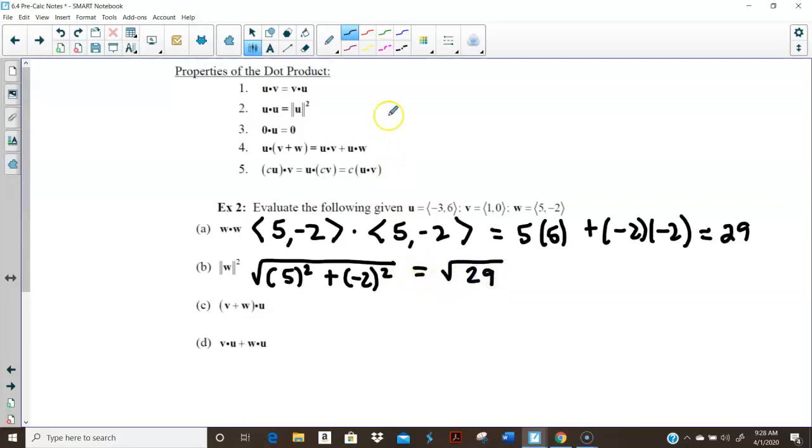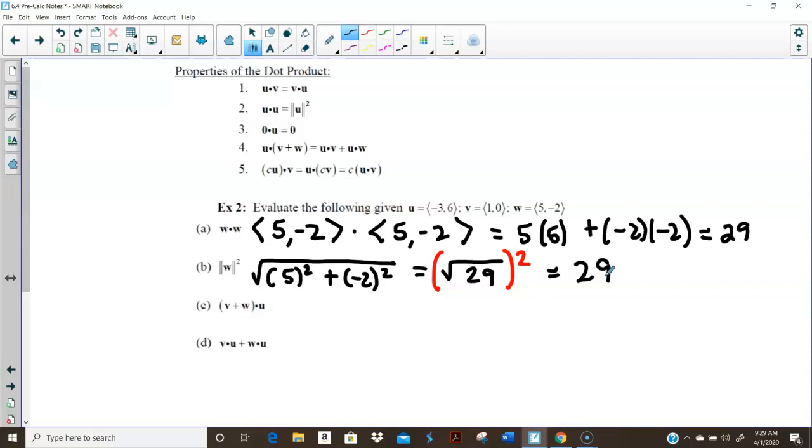Now we want to take the magnitude and square it. So we take that value and square it, and it's going to give us 29. Therefore, A equals B in those two examples, proving number 2.